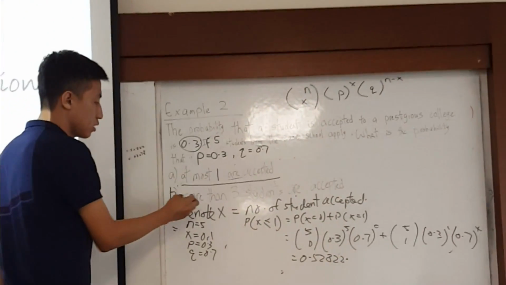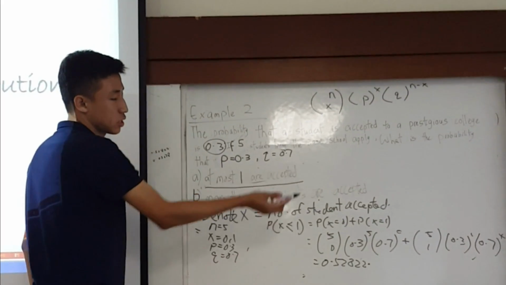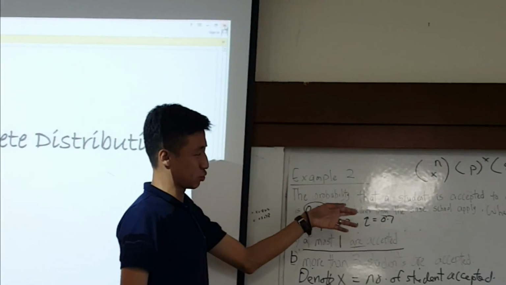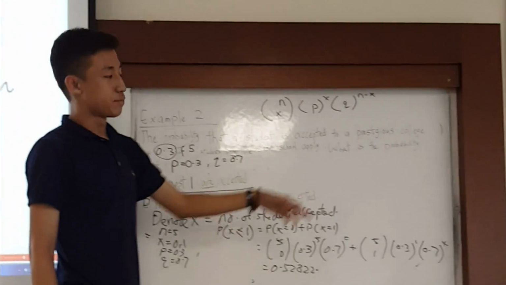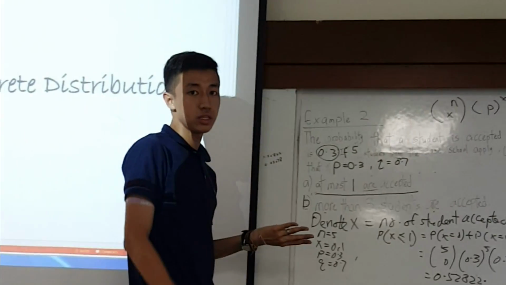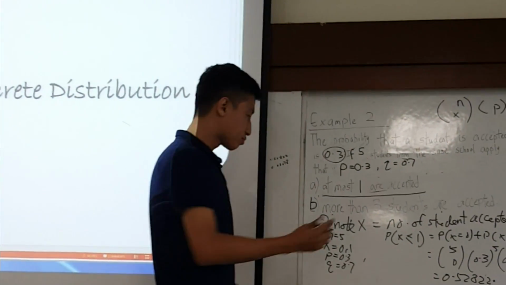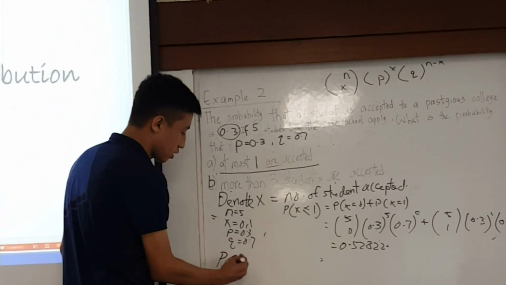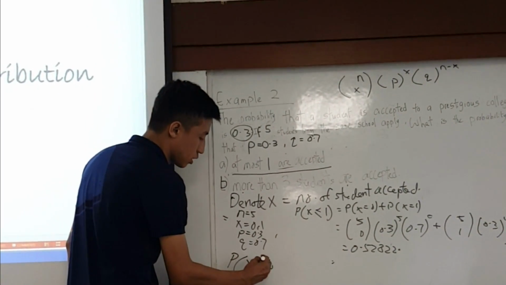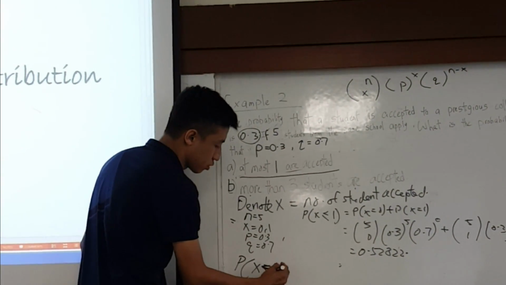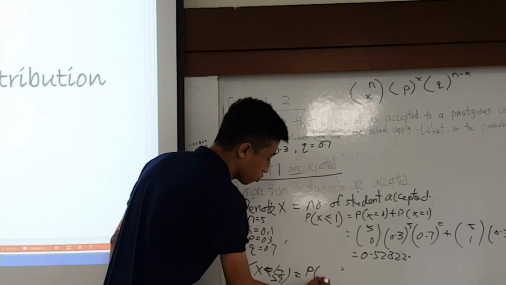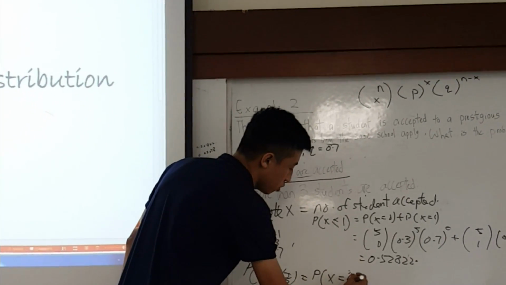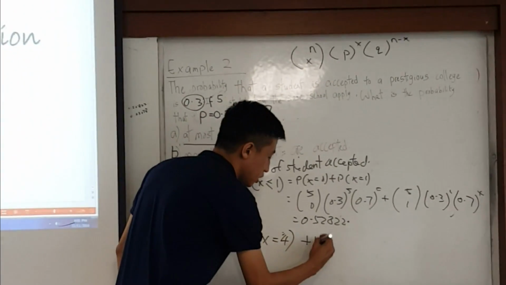To answer the second question, more than 3 students accepted means that if 5 students from the same school apply, there are 4 students or 5 students. So P(x equal to 4) plus P(x equal to 5).